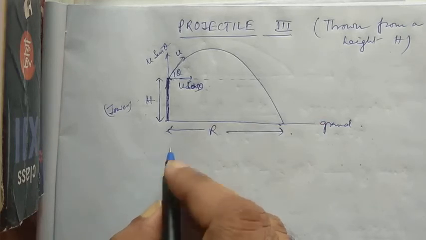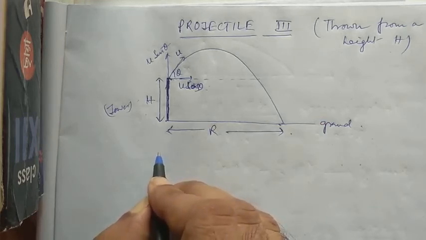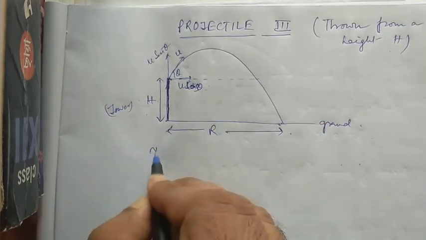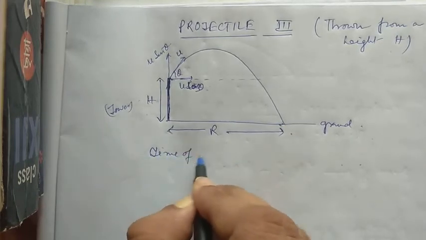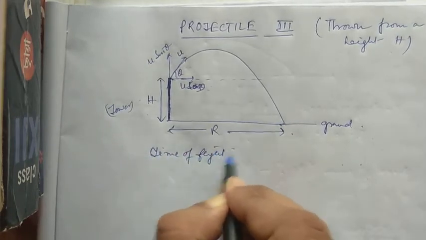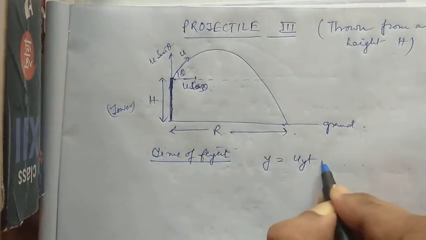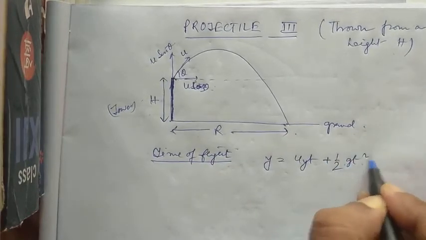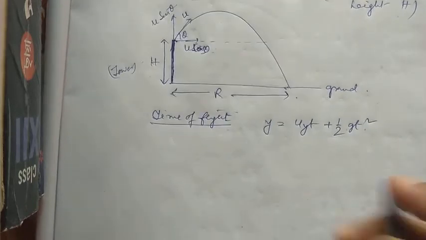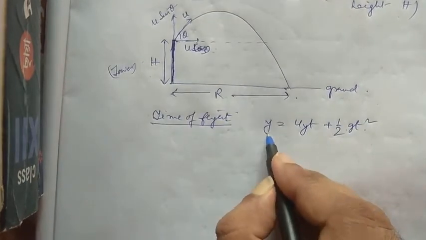Now one is along the y direction, or rather we can find the time of flight from this. Time of flight means y is equal to uy t plus half g t square. Now what was uy? y was h.